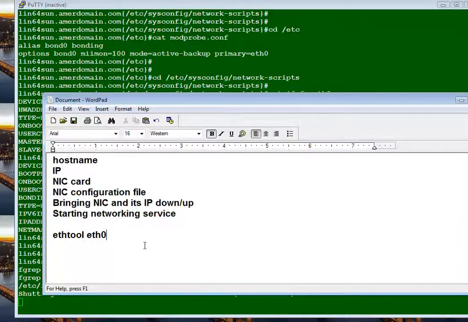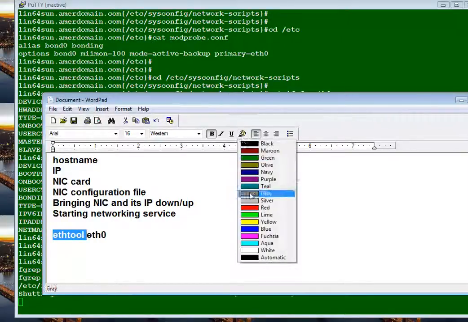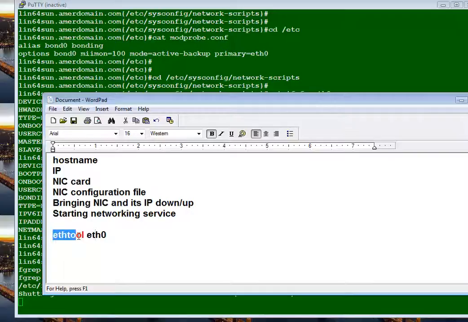So you can set the speed using this ethtool. This tool is very important to set or configure the ethernet card's performance parameters. For example, if you want to display the settings of your ethernet card, like eth1 or 0 or 2 or anything, you can type this.